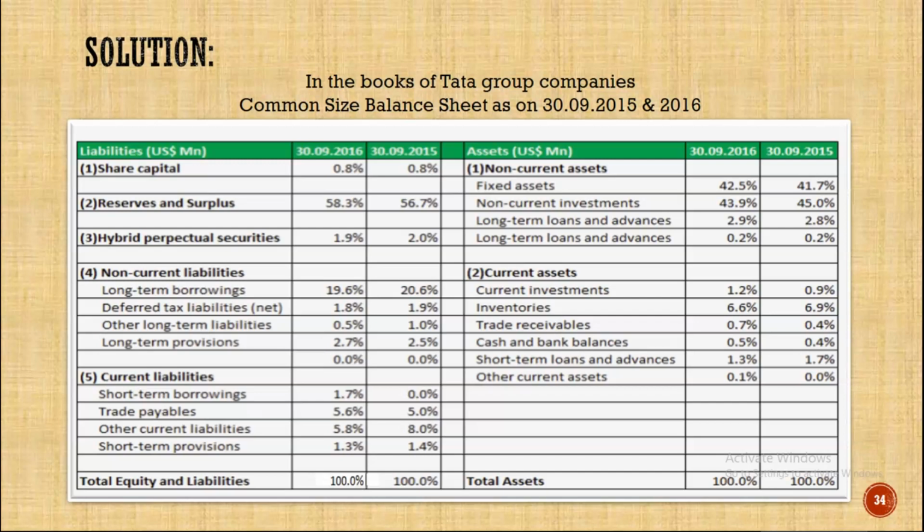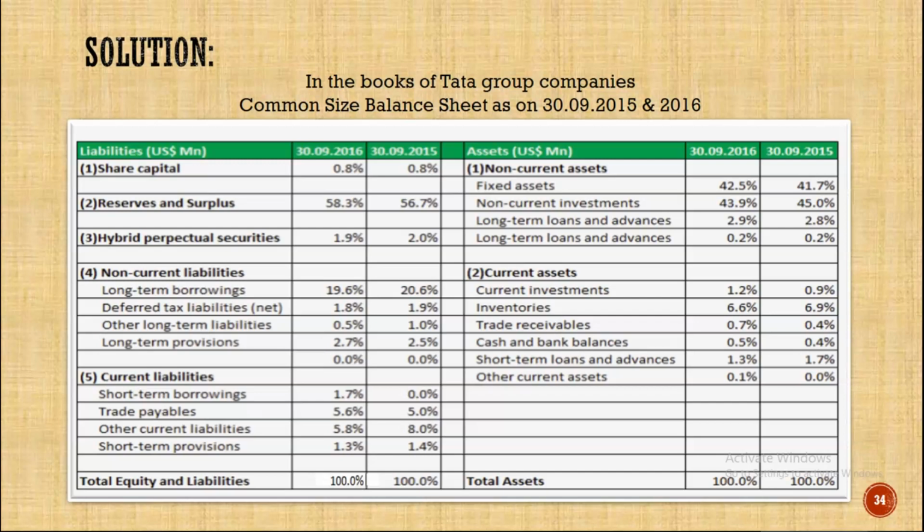By using the same formula, we have calculated here the percentage of share capital for the year 2016 and 2015. And by looking at the figures, we can come to know that yes, there is an increase in certain items. That is, share capital has remained the same, but there is an increase in reserve and surplus.